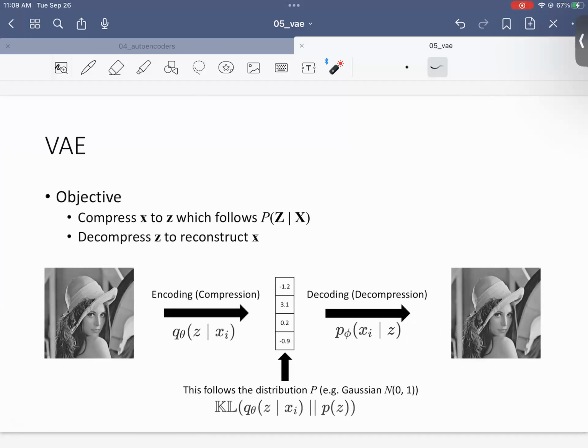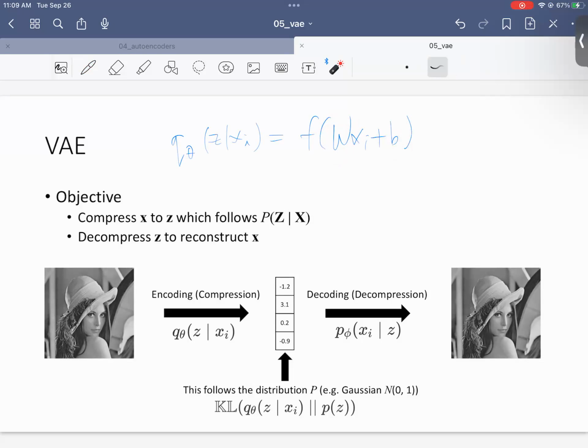But before that, we have to first define the encoder and the decoder. This is the encoder, and we're going to call it Q theta, where theta is the learnable parameters of Q. For example, Q theta of Z given X_i, the ith sample, could be the same old function we are familiar with, with theta being the weight matrix and the bias.